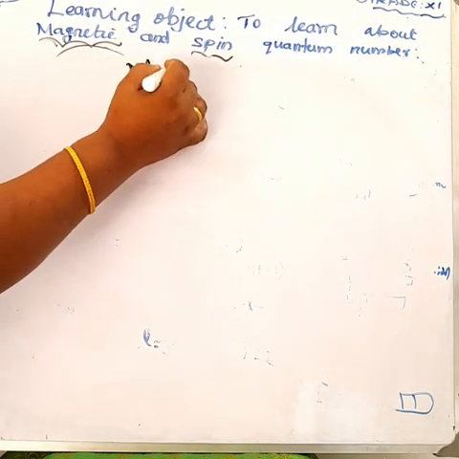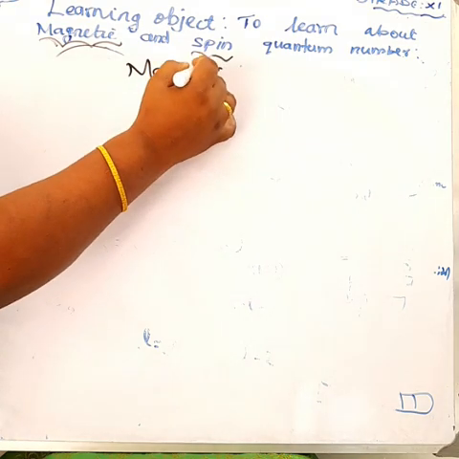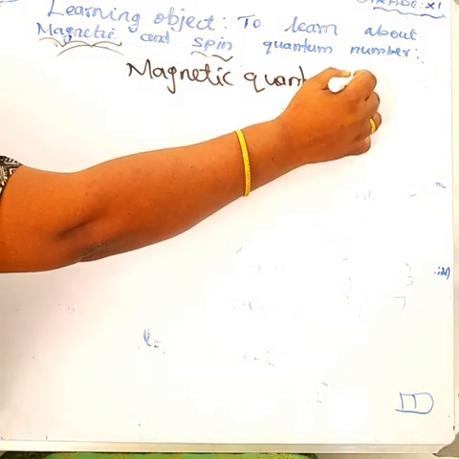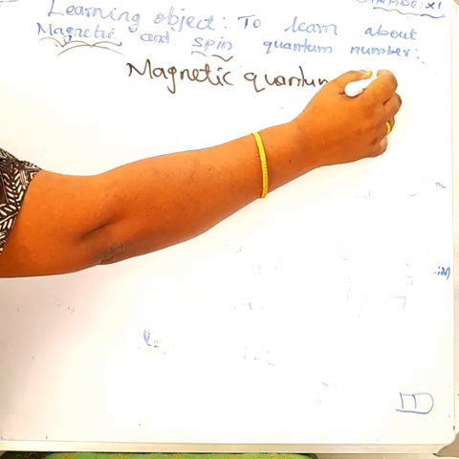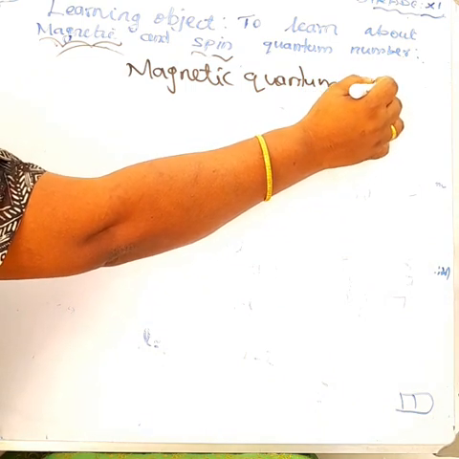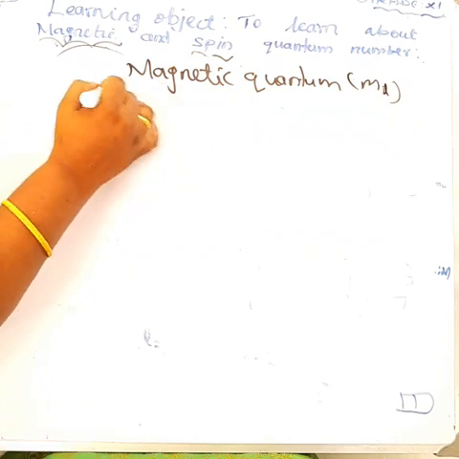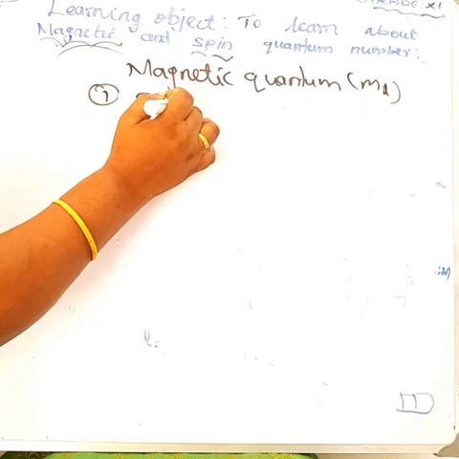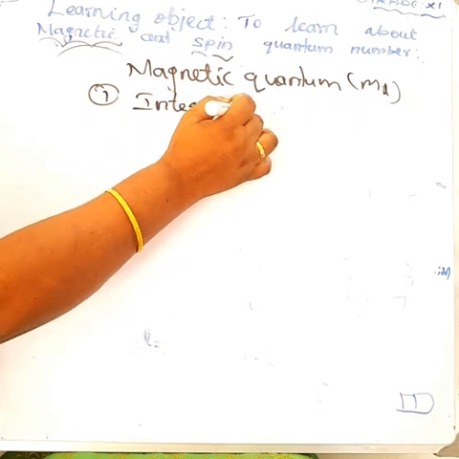The magnetic quantum number is denoted by the letter ML. It takes integral values ranging from minus L to plus L through 0.